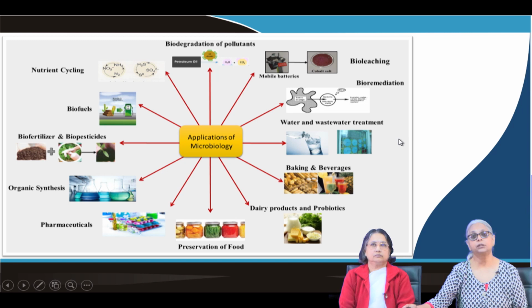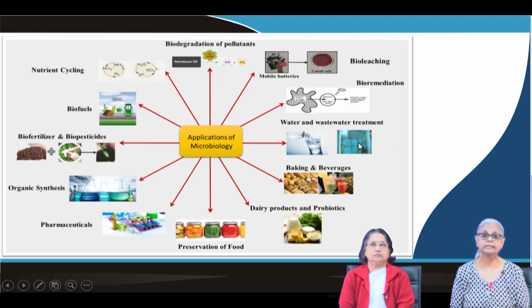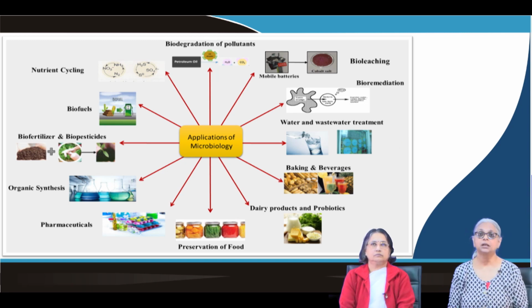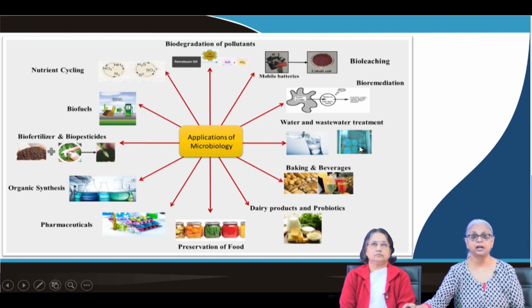And then we have wastewater treatment. You know that in secondary wastewater treatment, we use processes like activated sludge, trickling filters, rotating biological contactors, and so many other combinations of processes. This sludge is then taken to an anaerobic digester, and from that anaerobic digester, we get biofuels like biogas.